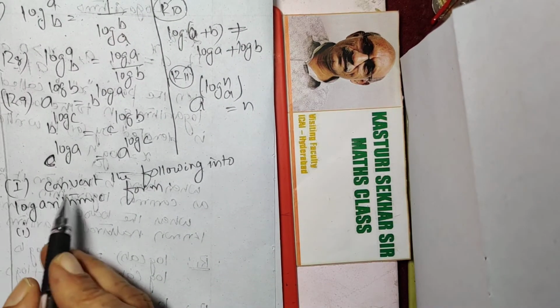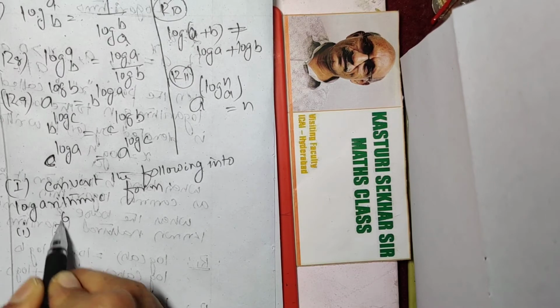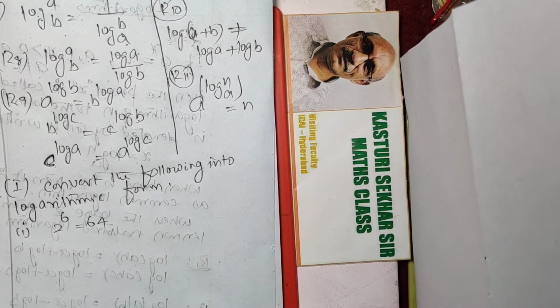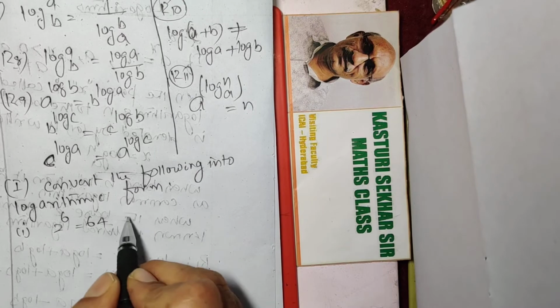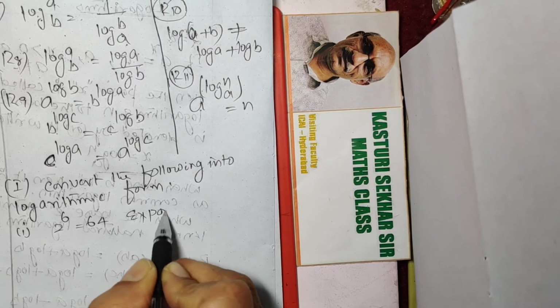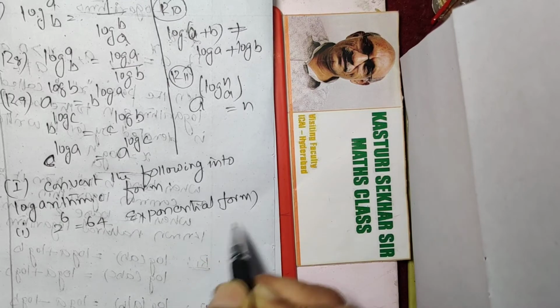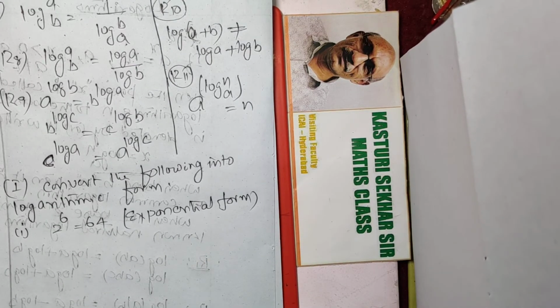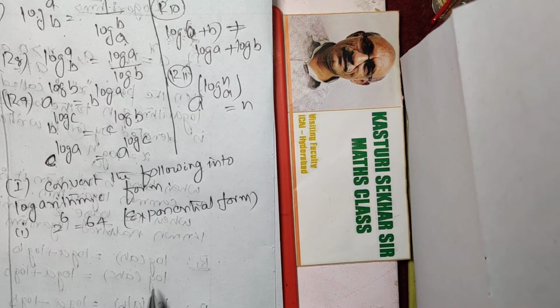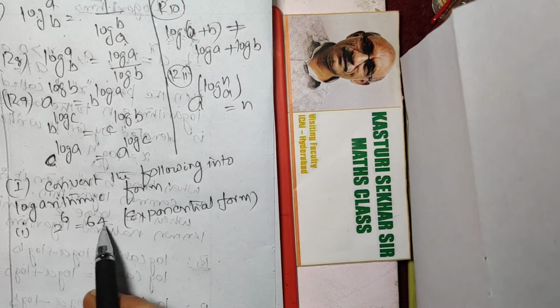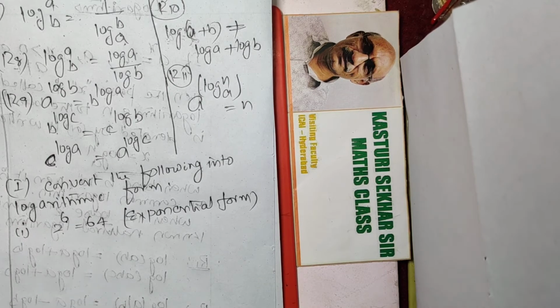Under this, first question, 2 power 6 is equal to 64. If you write in this manner, it is called exponential form. The given problem is in exponential form. You have to write it in log form. By the definition, this power 6 is equal to log 64 to the base 2.